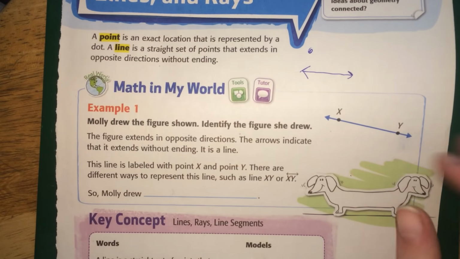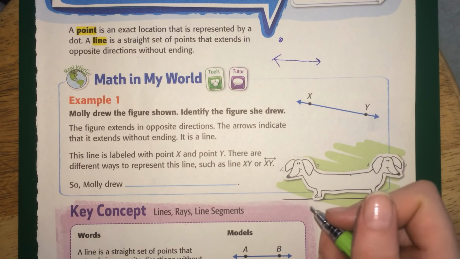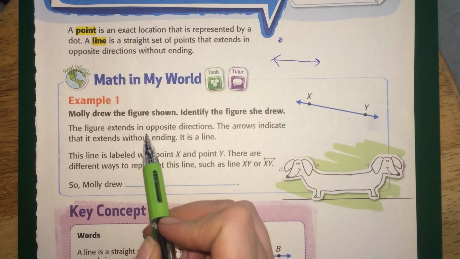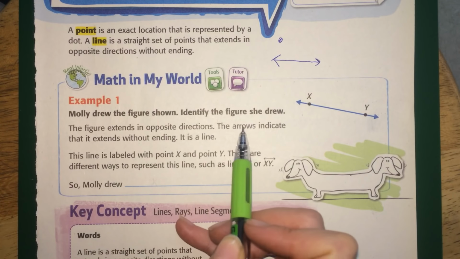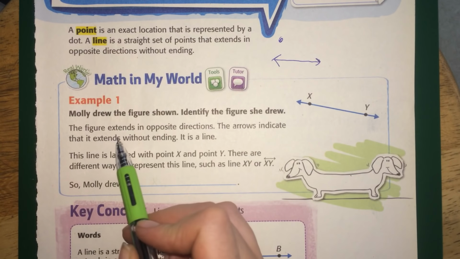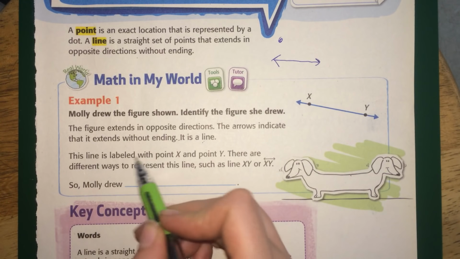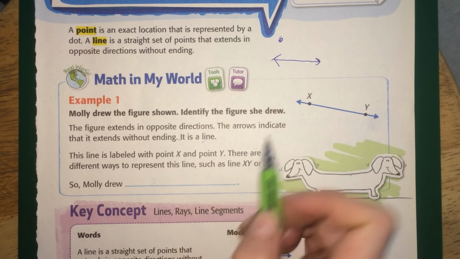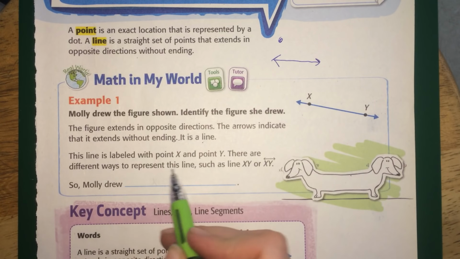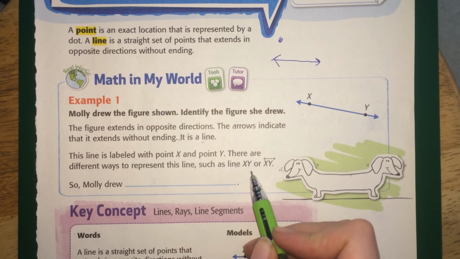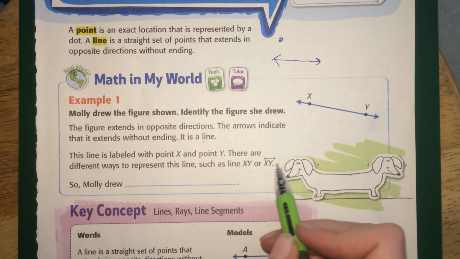So, Molly drew the figure shown. Identify the figure she drew. Okay, well, the figure extends in opposite directions. The arrows indicate that it extends without ending. It's a line. The line is labeled with points X and Y. There are different ways to represent this line, such as line XY or XY with a line over top.